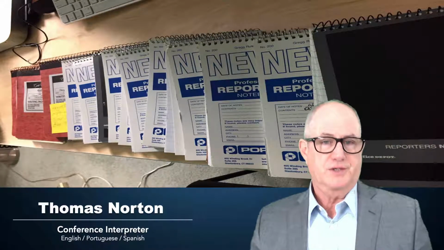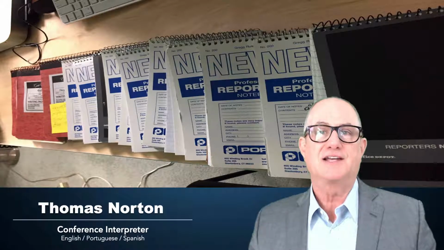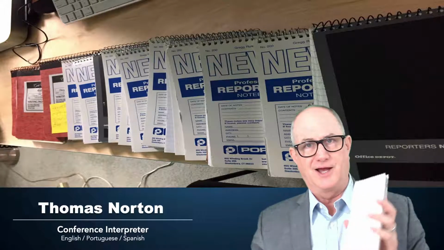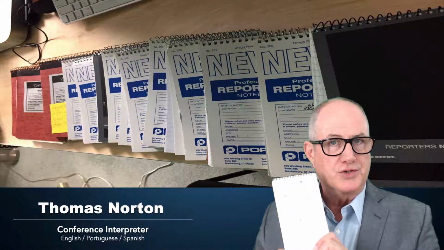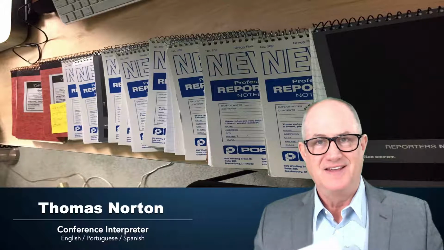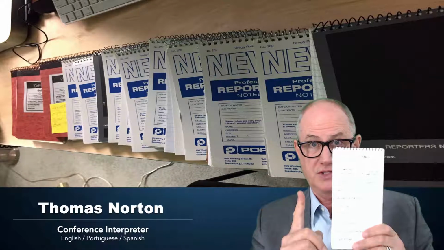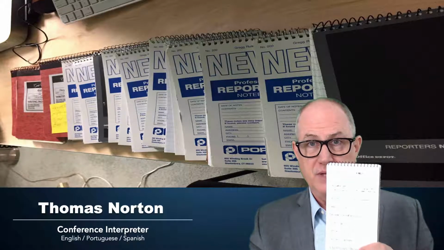I'll give you an example of what I mean. These are the notebooks filled with words, notebooks that I've used in the last 18 months. Interpreters always carry a notebook. This is what I carry. It's a reporter's notebook. I like the size of it because it fits easily in my pocket. Many of my colleagues prefer a stenographer's pad, which is a little wider and has a line already down the middle.